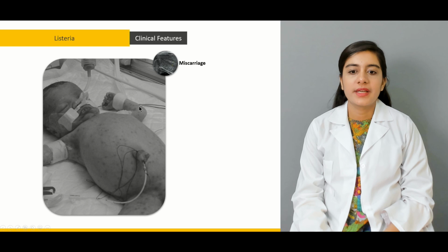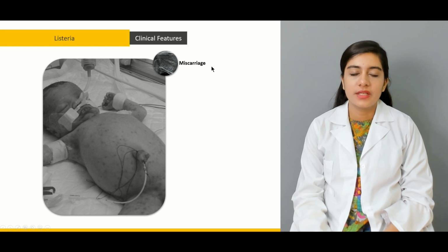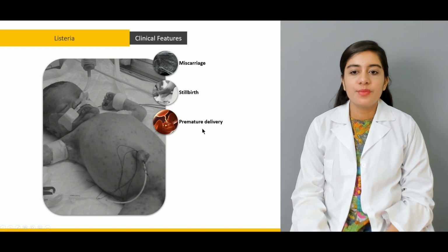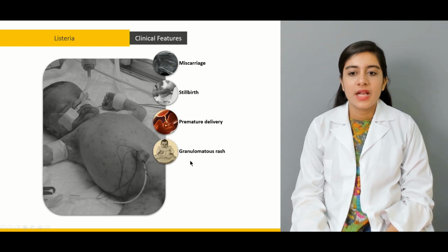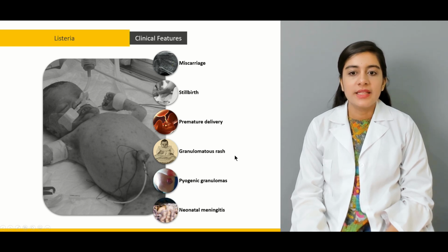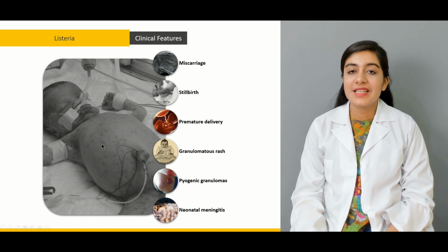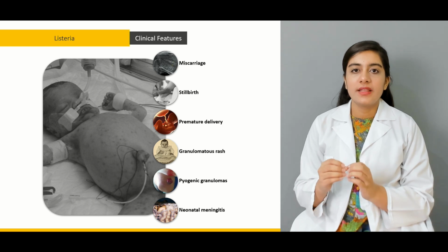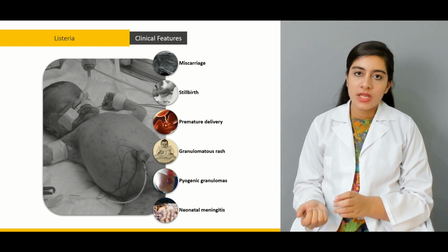Now, talking about the clinical signs and symptoms, the first one is the miscarriage. Then we have stillbirth, premature delivery, granulomatous rash, pyogenic granuloma, and the last one is the neonatal meningitis. These are all very serious signs and symptoms that are usually seen in the neonates because of the listeria.